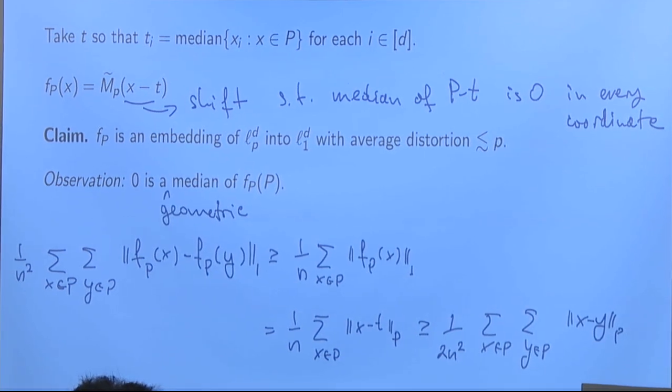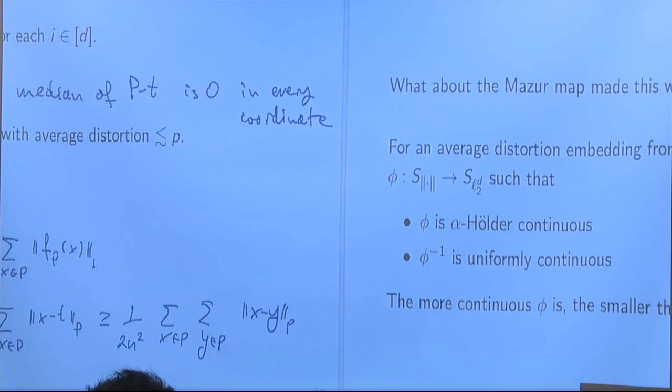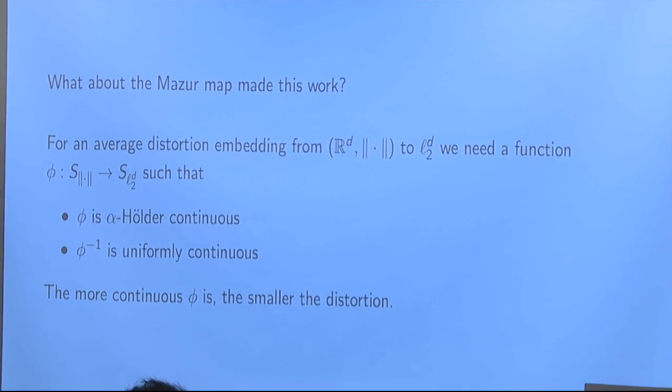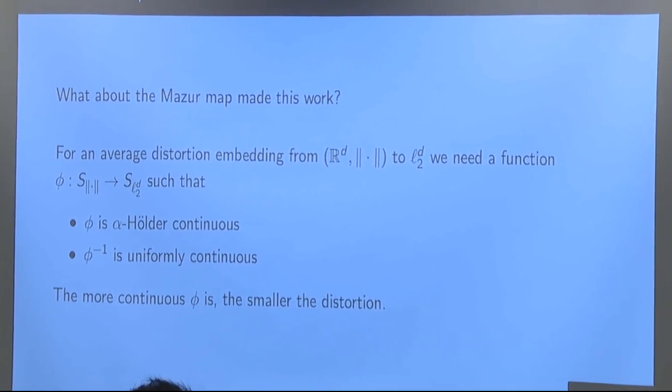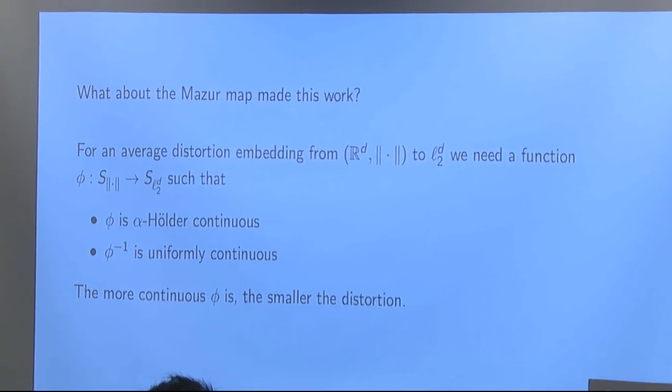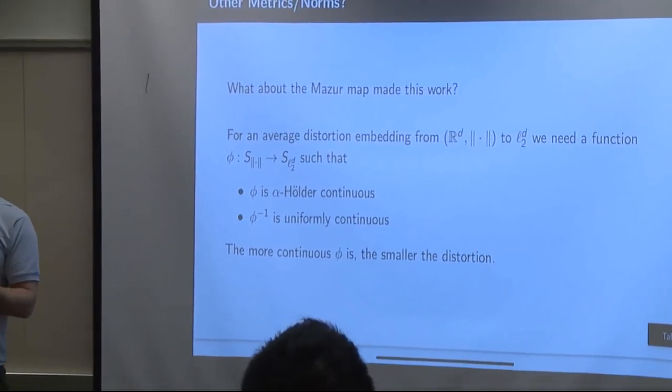Good. Okay, so this looks kind of special to L1, but it's not that special to L1. So what made this work? What was nice about this master map that made this work?